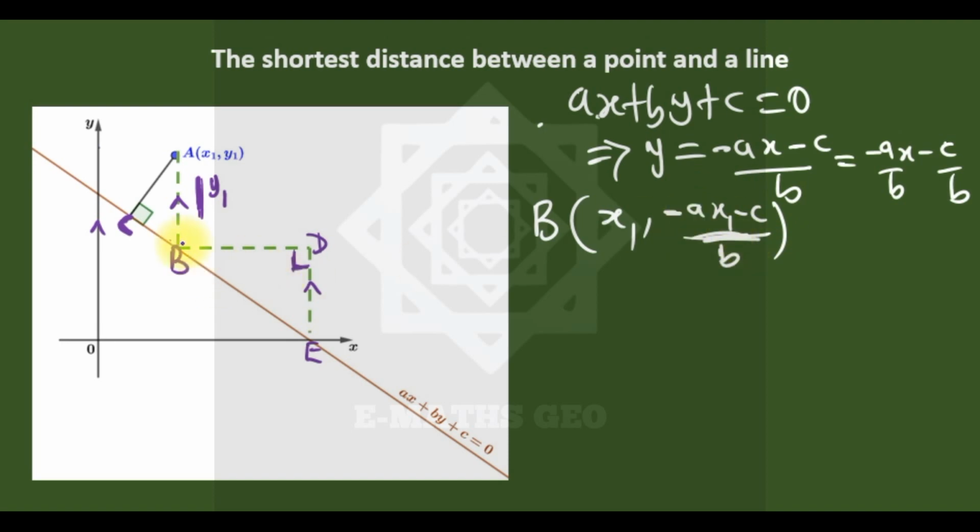That's the difference between the y coordinates of A and B. So which is y1 minus this, and both have minus, so it will come out to be positive: y1 plus ax1 plus c over b. So that's it. So the distance AB is that.